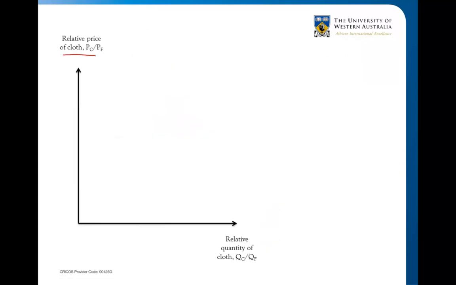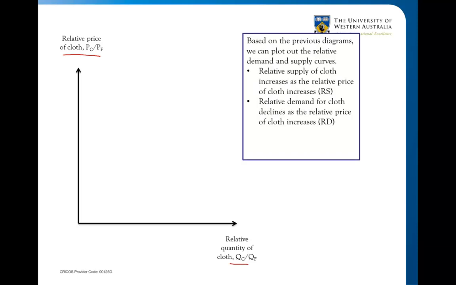So again, what we've got here is a relative price and a relative quantity. Based on trying to keep to the same sort of thing as the previous diagram, we know that the relative supply curve, which we plotted out a couple of slides ago, is positively sloped, and the relative demand curve is downward sloping.